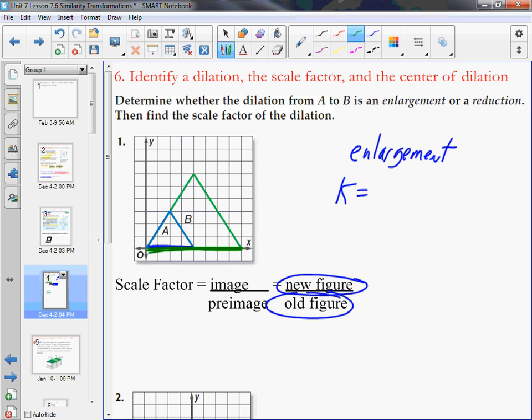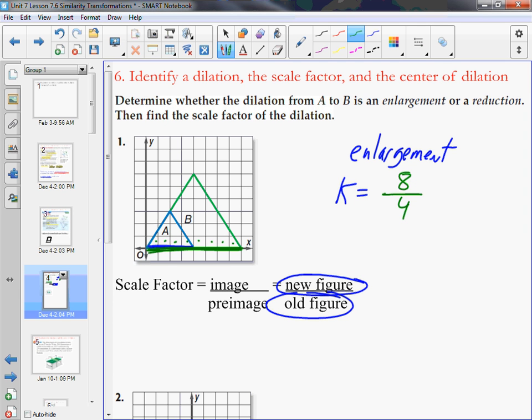I'd prefer to count spaces. So, scale factor equals, remember, it's new over old. First, let's count the spaces and find the length of that new side, the green one. 1, 2, 3, 4, 5, 6, 7, 8. 8 over, and then count the spaces for the blue side, and you get 4.